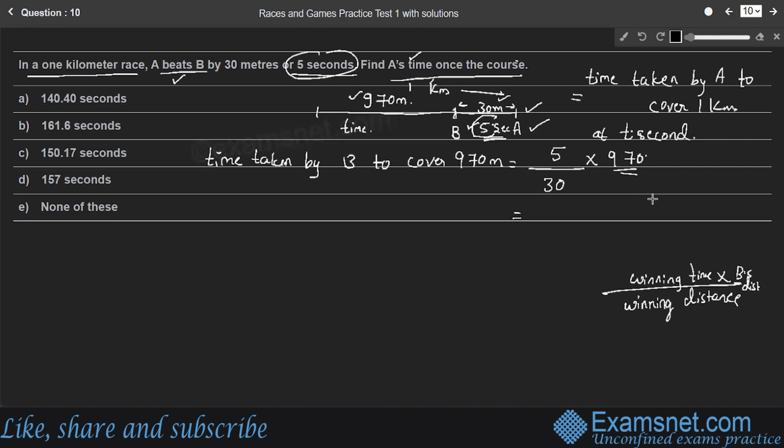On simplification, 0 and 0 get cancelled, 5 into 97 gives 485 by 3, which is 161.666 and it continues. So the time taken by A to cover 1 kilometer, or to complete the course, is 161.6 seconds. Hence, option B is the right answer.